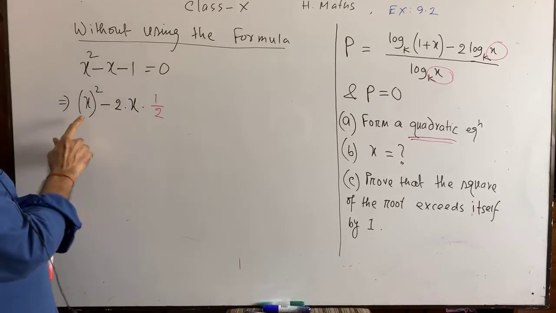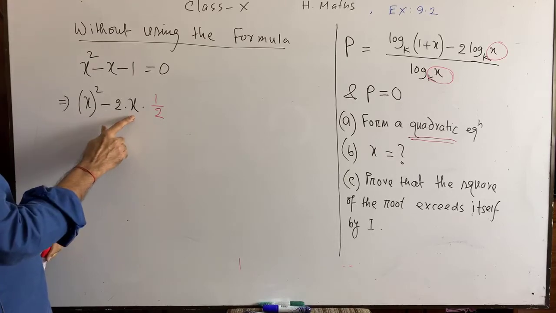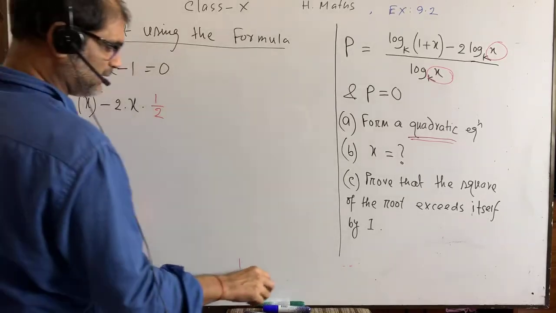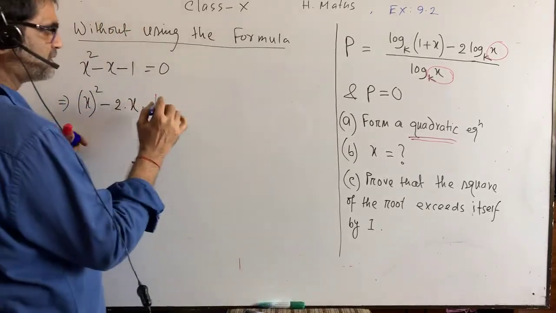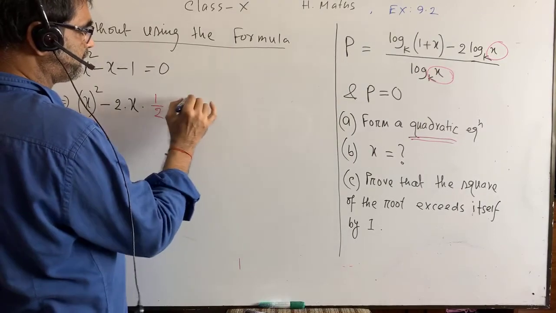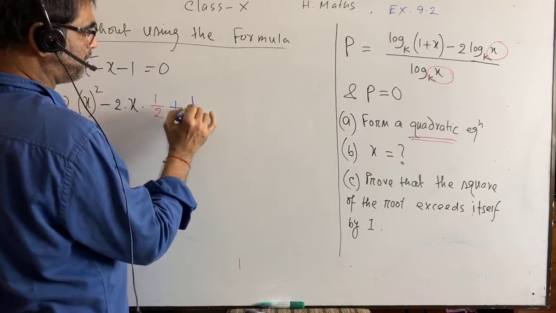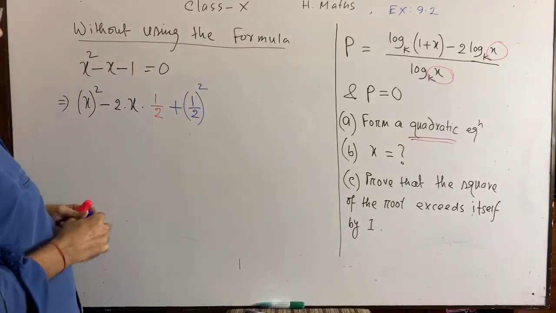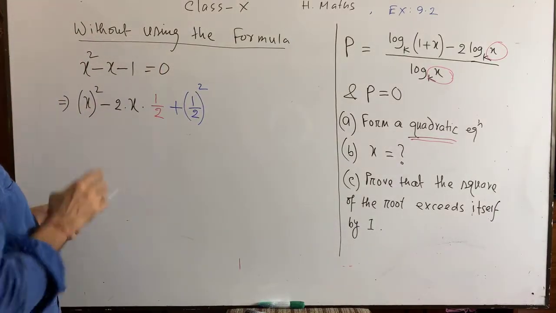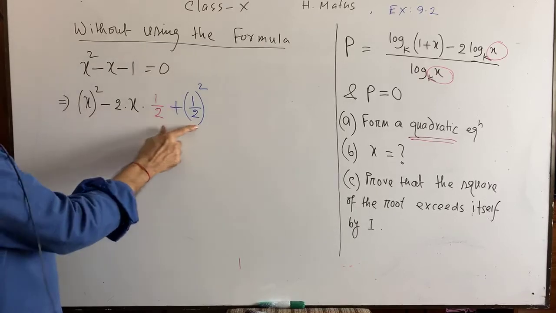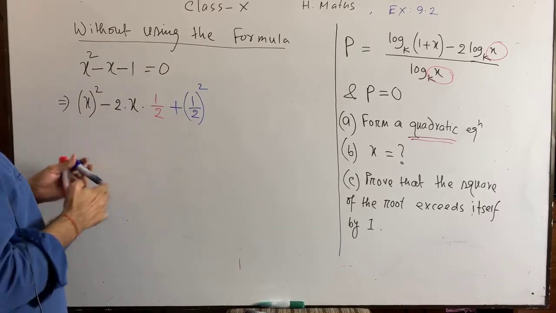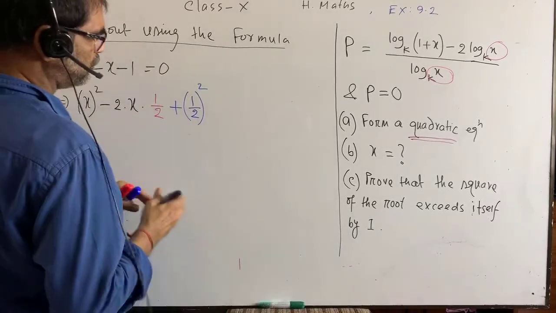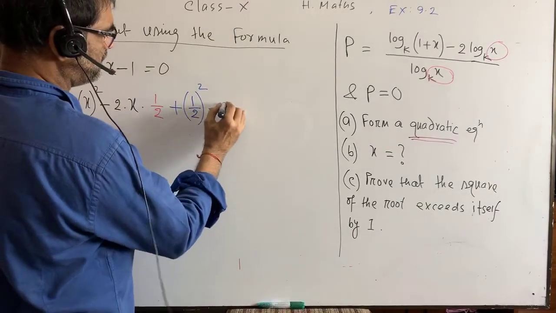Now a square minus twice ab, what comes next? Plus b square. Here b equals half, so b square. So a square minus 2ab plus b square. Now you see here minus 1, so we will write down this minus 1.